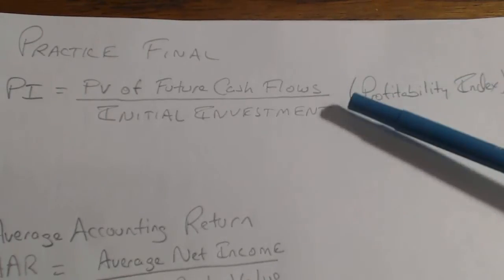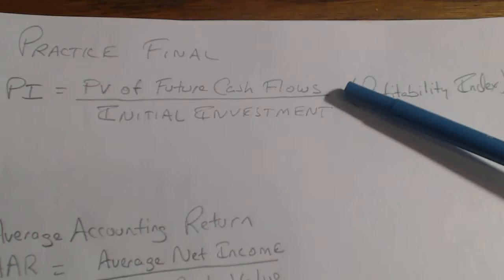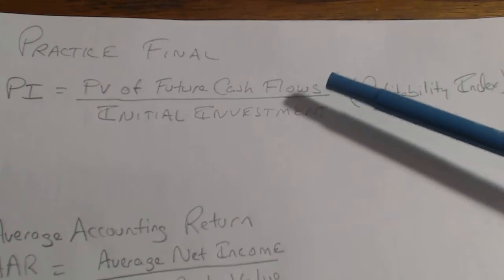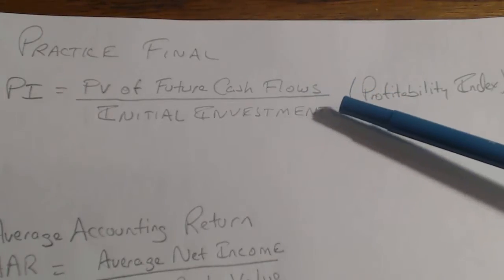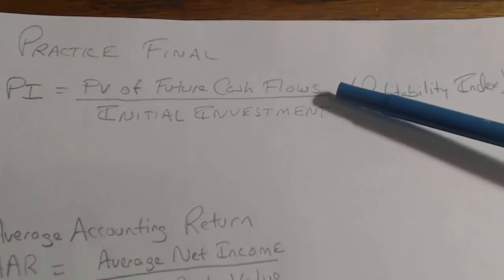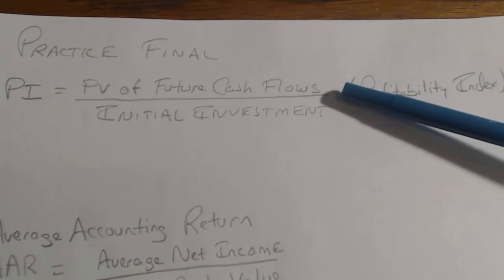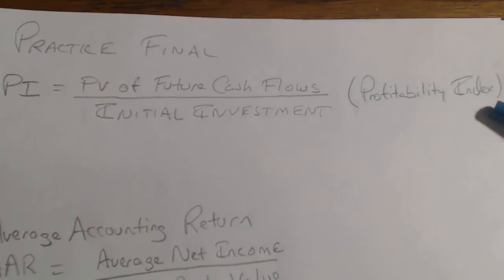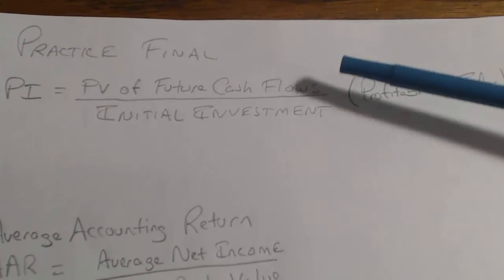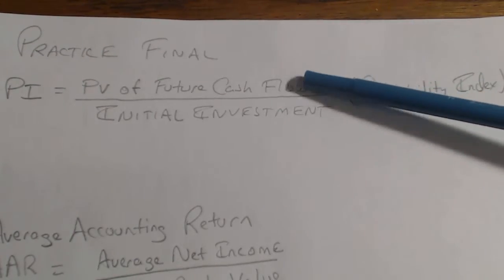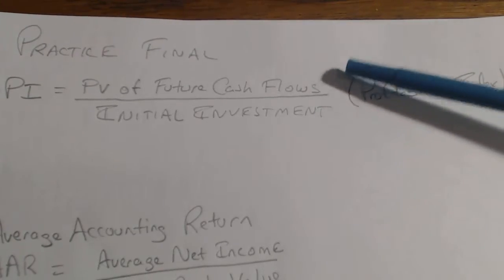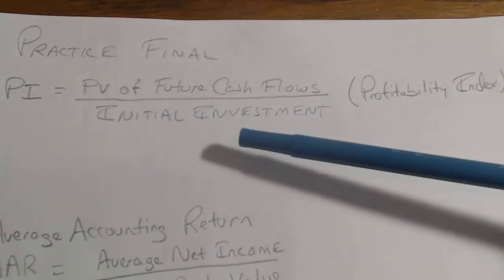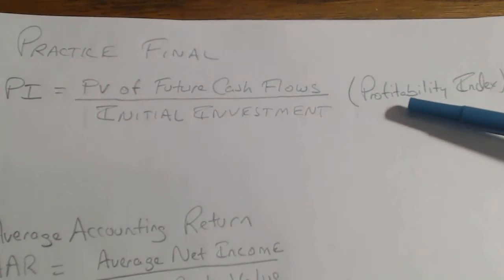So if this is at 1, that means the net present value is 0, because you subtract the initial investment from the present value of the future cash flows to get net present value. So if net present value is 0, the profitability index equals 1. If net present value is positive, that means that this number is greater than this number, so the PI, the profitability index, will be greater than 1.